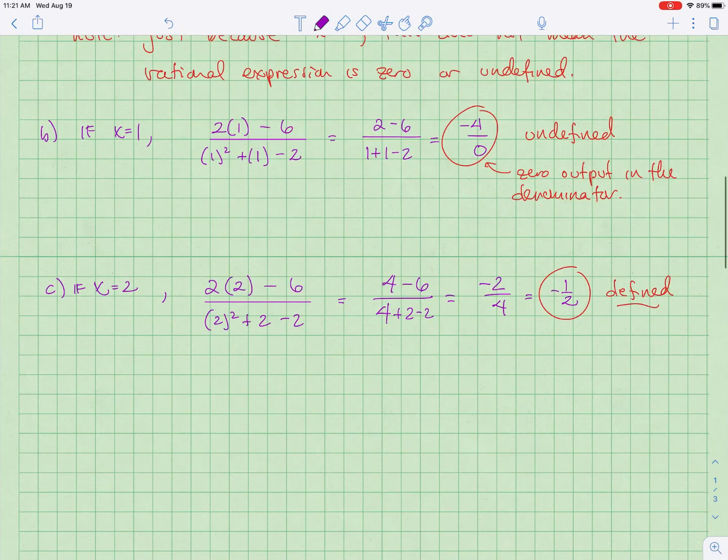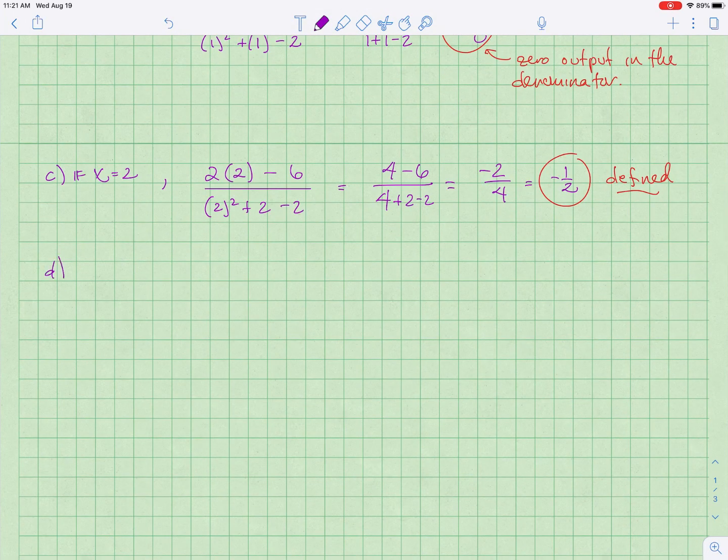And one more here. D, if x is equal to 3, we're going to get 2 times 3 minus 6 divided by 3 squared plus 3 minus 2, which is 6 minus 6 divided by 9 plus 3 minus 2, which is 0 over 10.